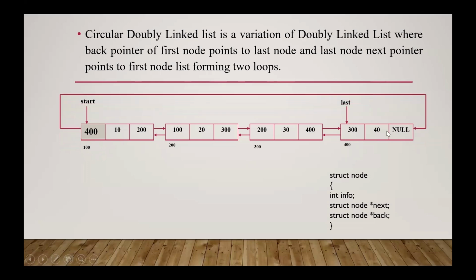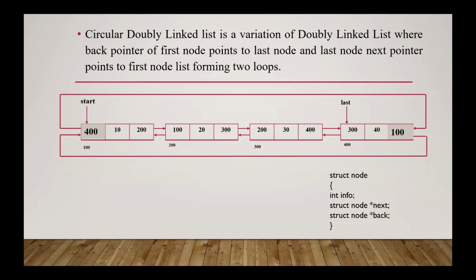Similarly, the next of the last node points to the start. What is the start address? 100. So instead of null, if we store the address 100, the next of the last node points to the first node. If we store 100, immediately it will point to this node. So this is the way we design the circular double linked list.